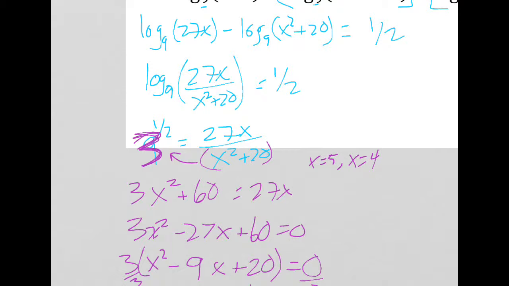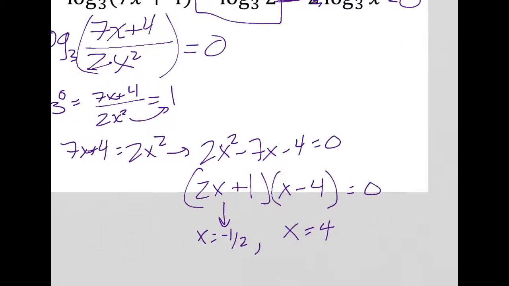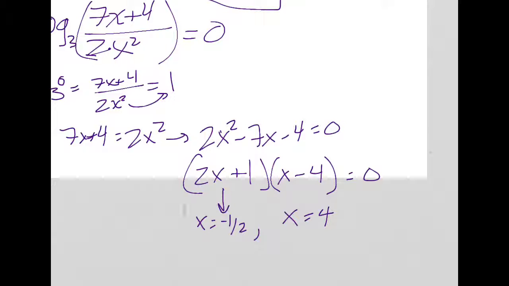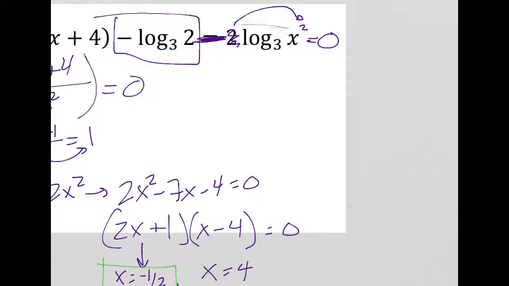But think about what we said a couple slides ago. You can't have a negative value inside of a log, because then it gives you an equivalent exponential function that is undefined. So you can't do that. And if we were to use this solution of negative 1/2, well, think about this term right here.